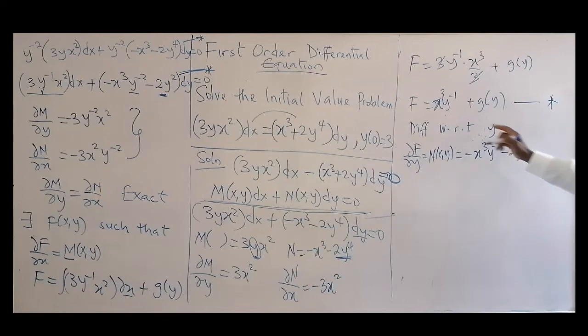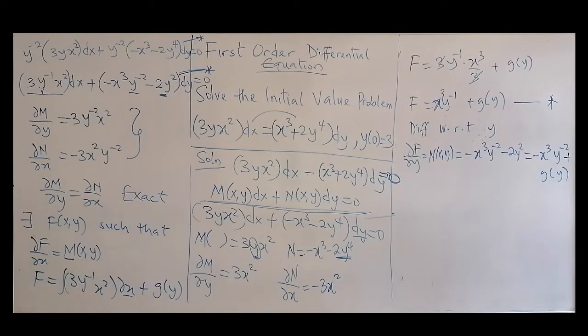Differentiating f, if it's with respect to y, I'm only after the y variable, which gives minus x³ y minus 2 plus g prime of y.